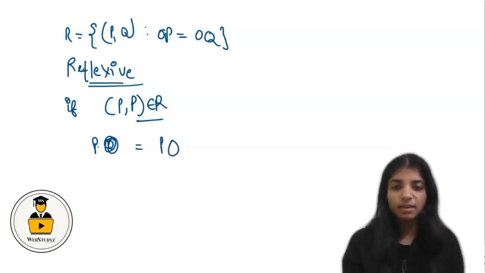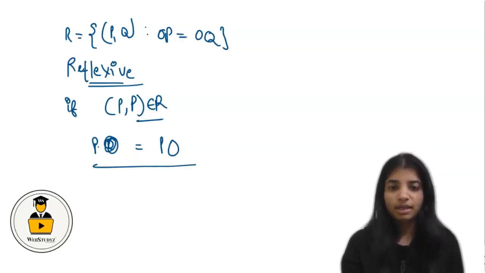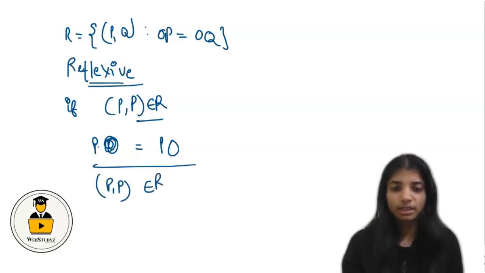Basically, P is any point on the circle and its distance from the origin is PO. So the distance of the point from the origin will always remain the same. So we can say that (P, P) belongs to R. Hence the relation is reflexive.